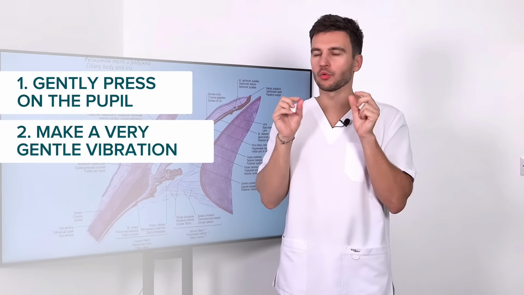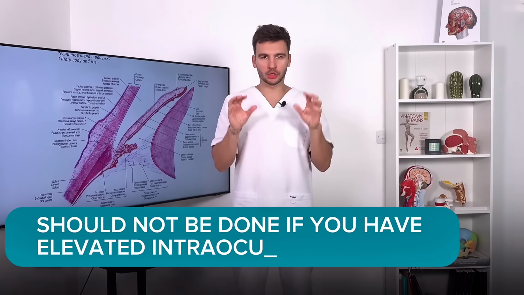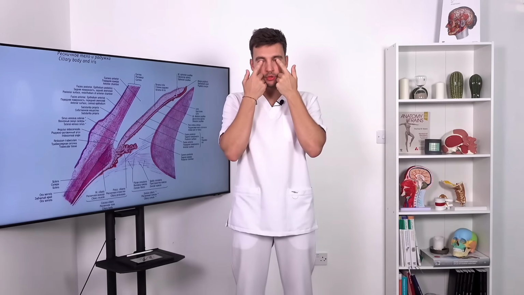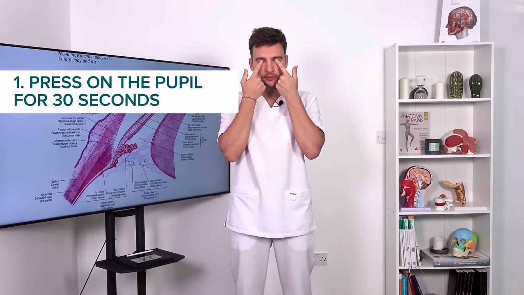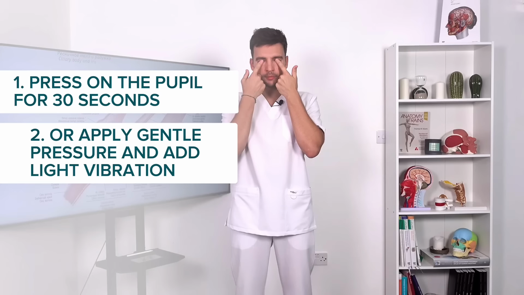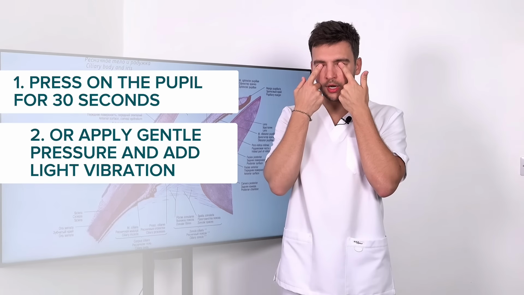Just very gentle. If you have high eye pressure, you should not do this technique. If your eye pressure is normal, you can just press slightly on the eye right here. Hold the pressure for 30 seconds. And then release. You can press and make a light vibration, literally just a few grams of pressure. A gentle vibration with just a few grams of force.